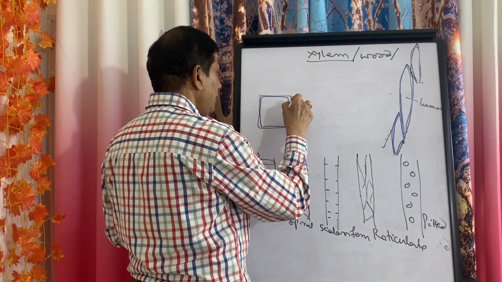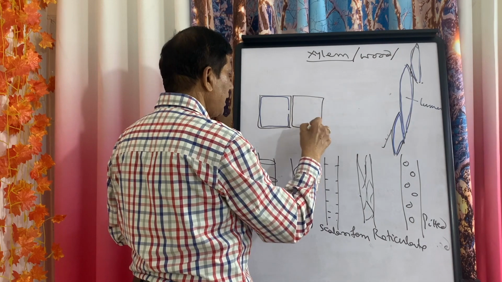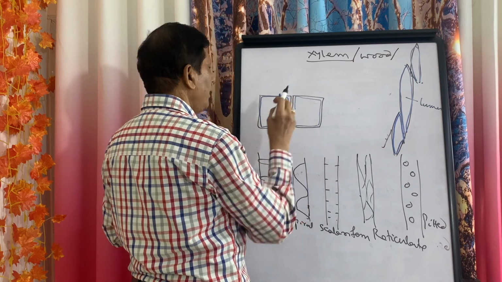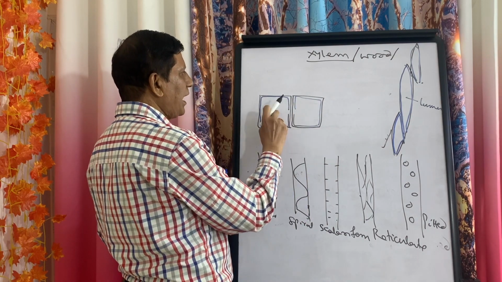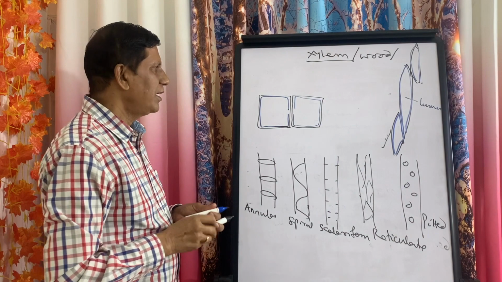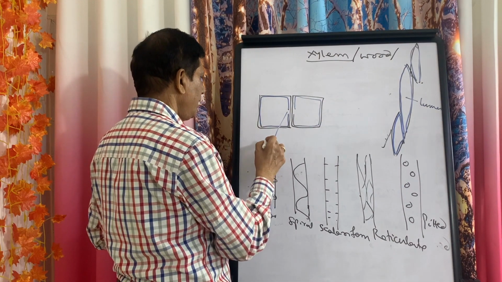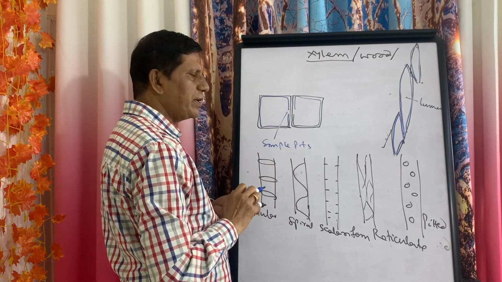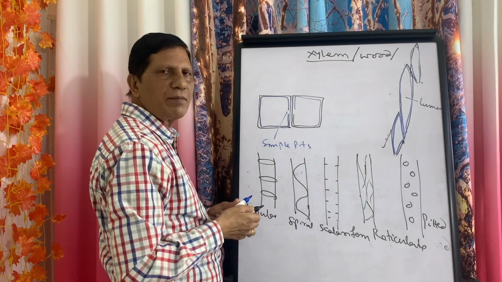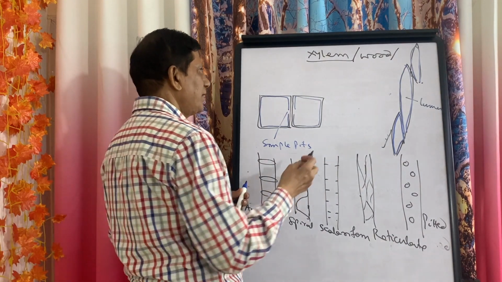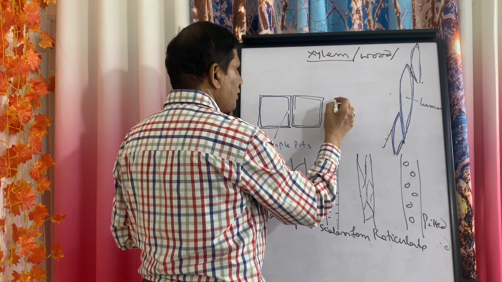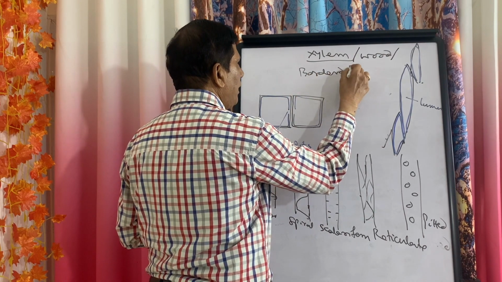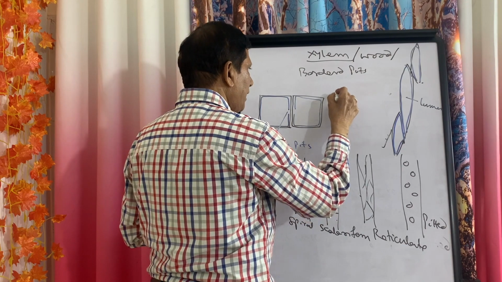Then on this side, this is another tracheidal cell. Now you see, here the secondary wall is not deposited on either side. This is known as a simple pit. Simple pits are usually present in simple tissues like parenchyma, collenchyma, sclerenchyma. But in tracheids, usually bordered pits are found.